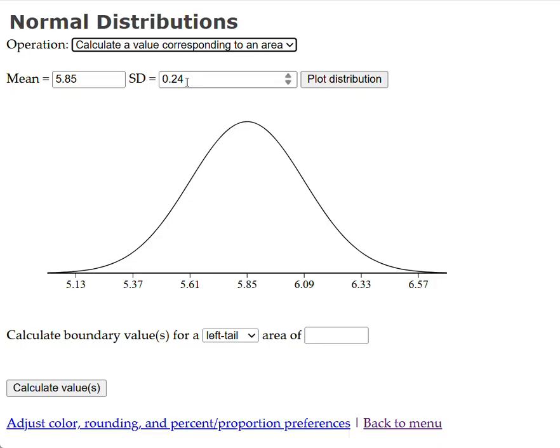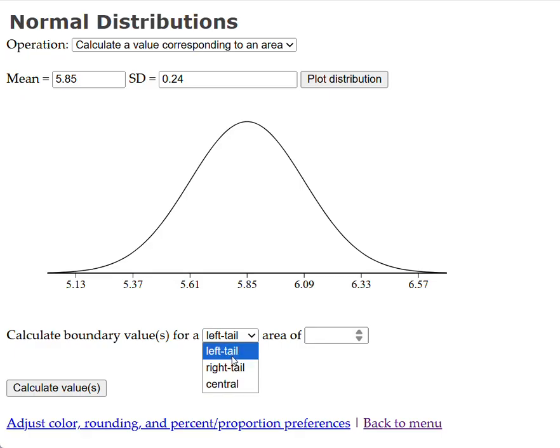It's keeping the same mean and standard deviation, and for this problem, those are the right values. And then we're left with 2 questions that we have to figure out. Calculate the boundary value for the left tail, right tail, or central. Central is going to give you the area centered around a value.